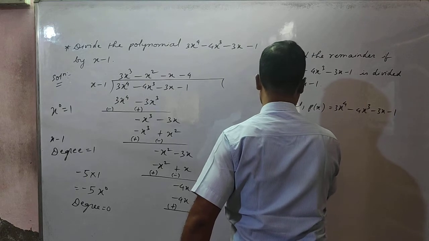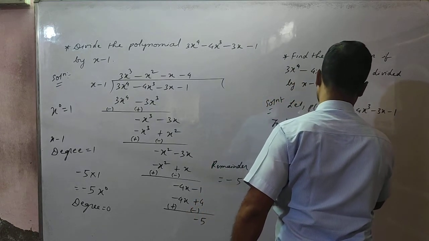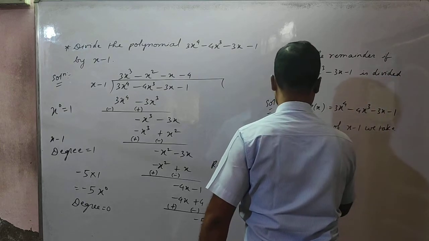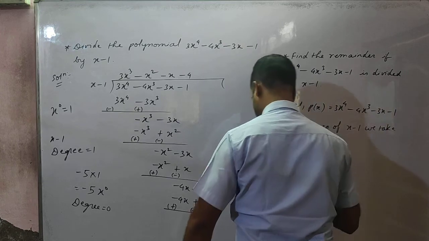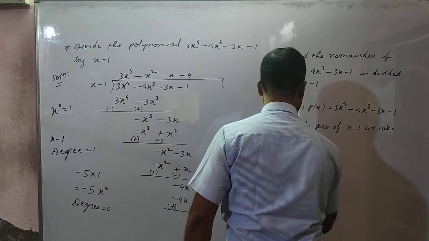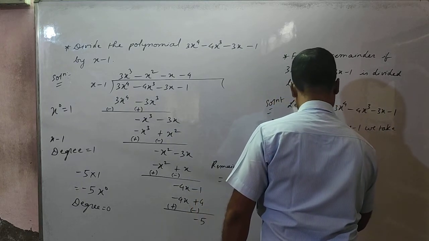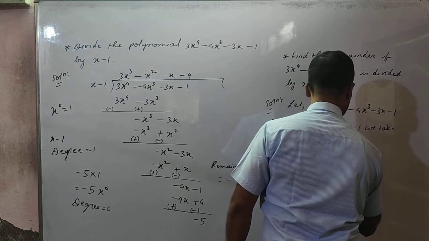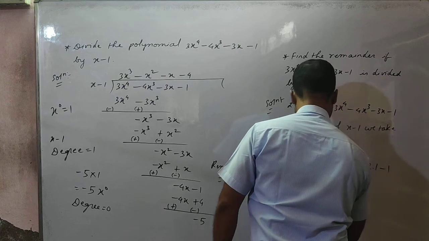To find the 0 of x minus 1, we take x minus 1 equal to 0, so x equal to 1. Therefore, P1 is equal to 3 into 1 to the power 4 minus 4 into 1 to the power 3 minus 3 into 1 minus 1.